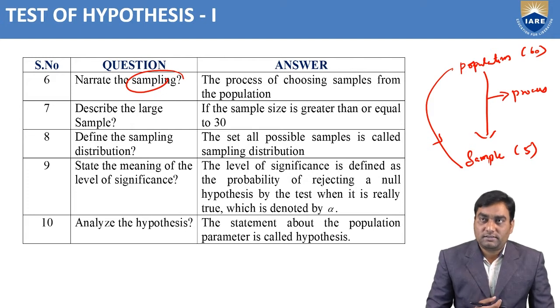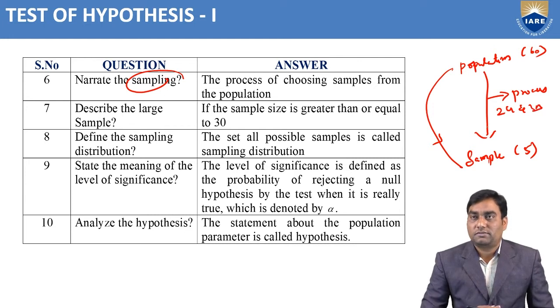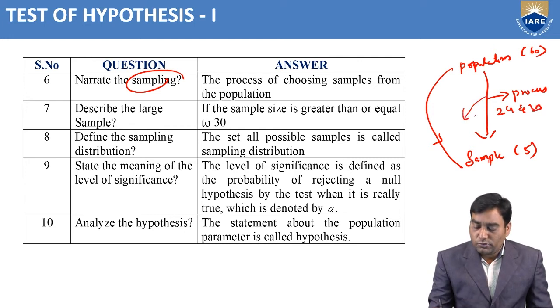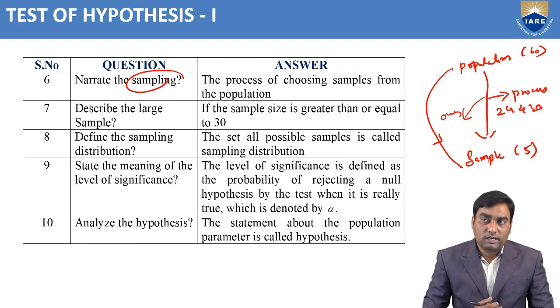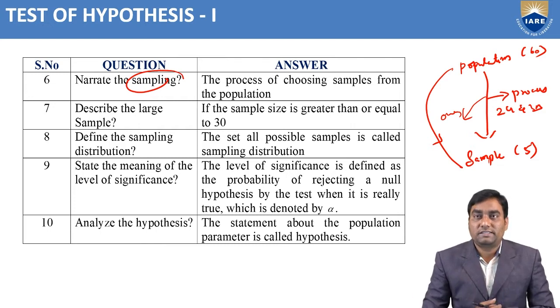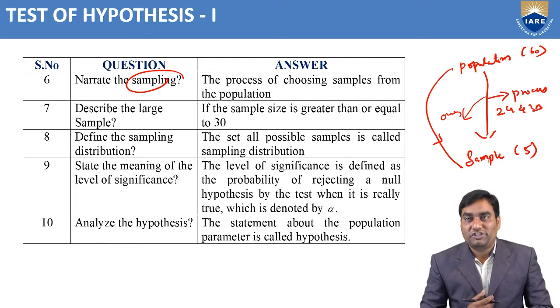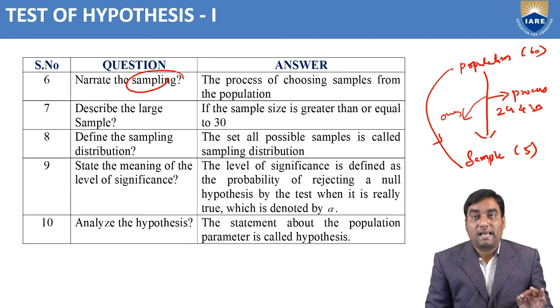What is the process? It's very simple. I chose 2 girls and 3 boys. That is the process. If I mention I want to choose only boys, that is one of the process. I want to choose the 5 students as a sample from the population, those who got more than 90 marks. That is the process. So that process of choosing samples from the population is known as sampling.